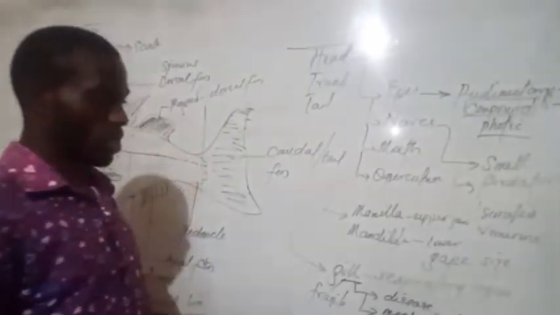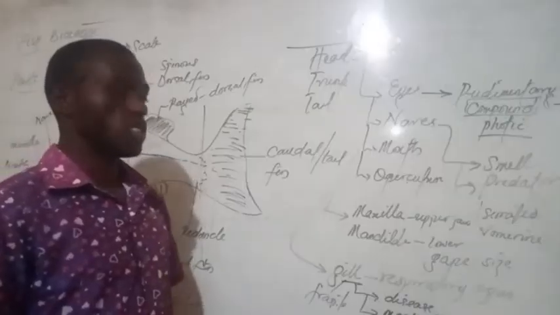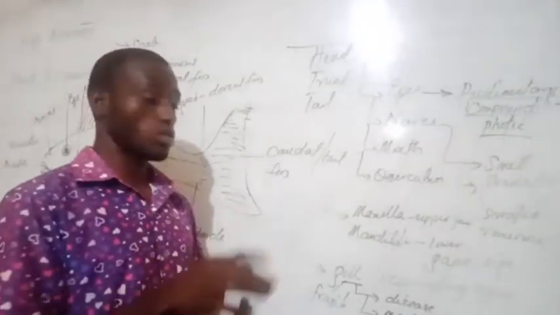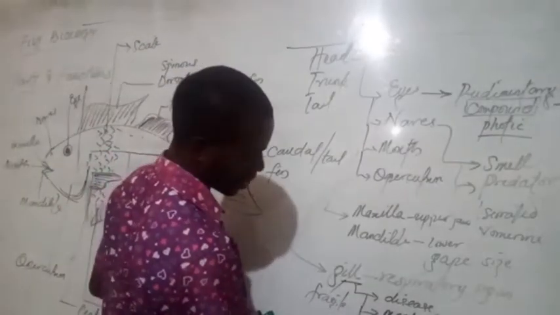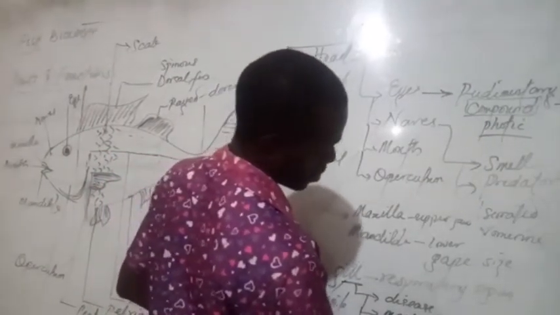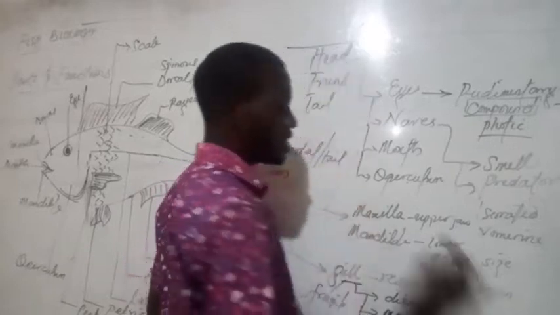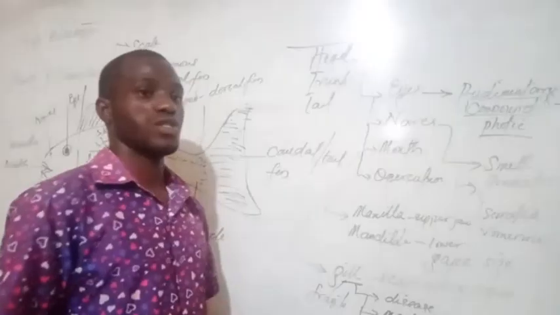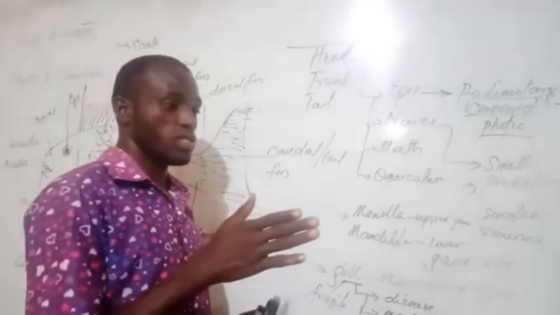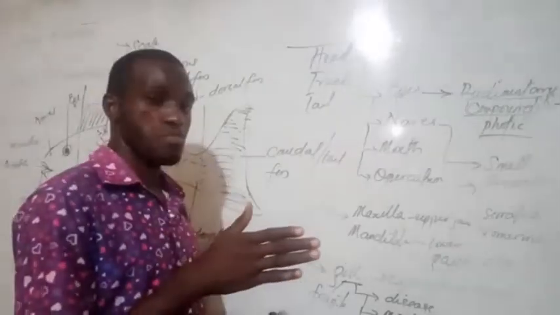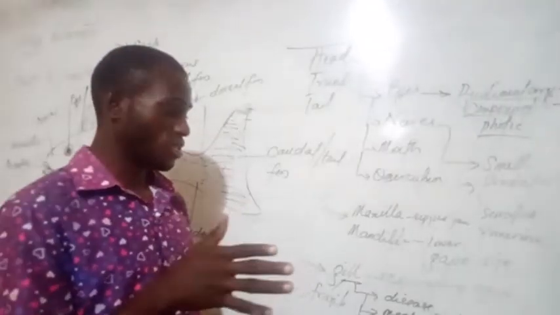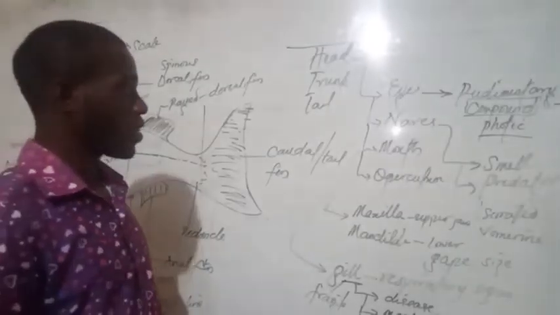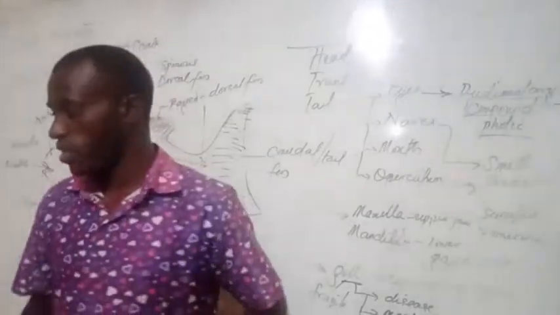Alright, so that's basically what the operculum is for, and it also opens and closes, directs the movement of water in and out of the fish mouth. So as the fish is respiring, you see the operculum moving back and forth to control the movement of the water, and as well regulate gaseous exchange. Alright, that is basically it for the head.